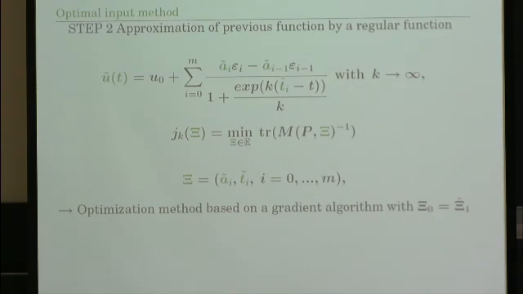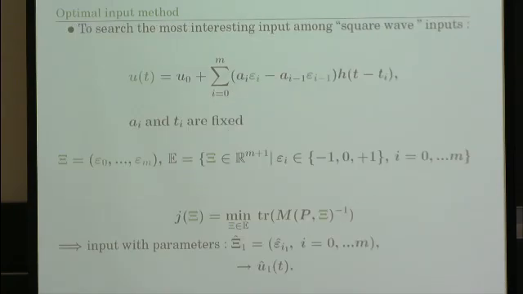Now, in the second step, we approximate the previous function by this regular function given here. We know that when k tends to infinity, this input tends to this one.